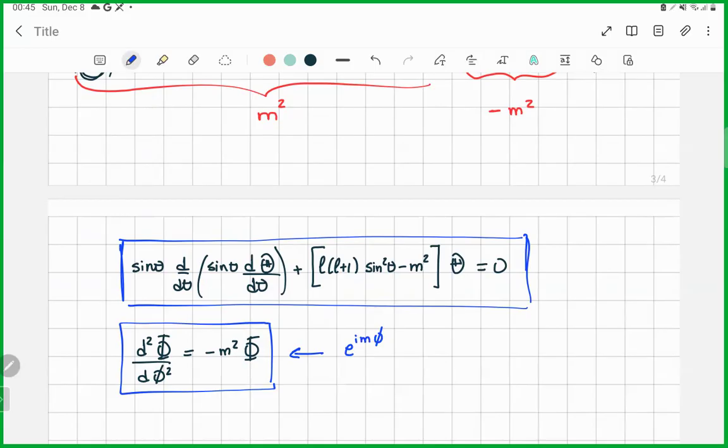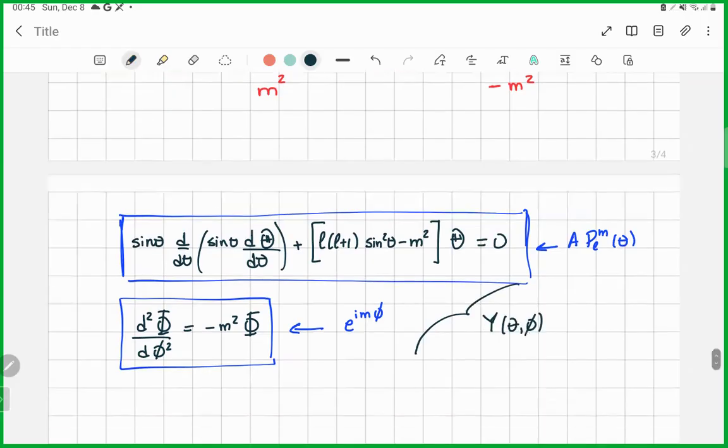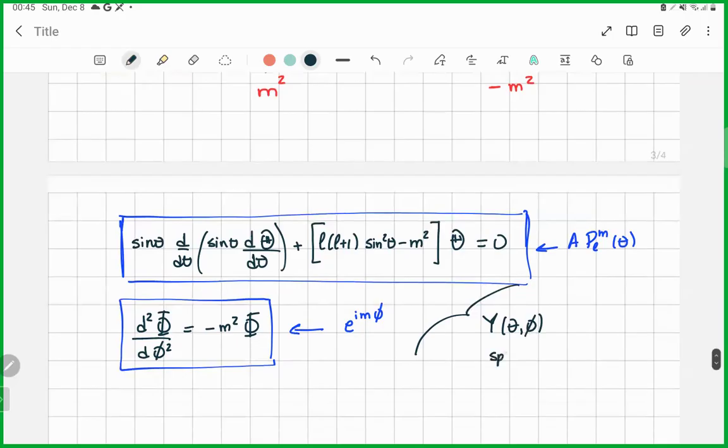This will give us a solution that involves theta, known as the associated Legendre function. I'll just write the solution, but we are going to be discussing this later. These two together give us that function of theta and phi, which are known as spherical harmonics.